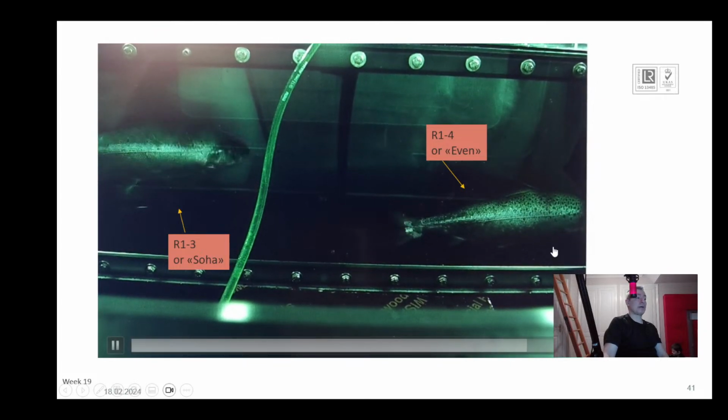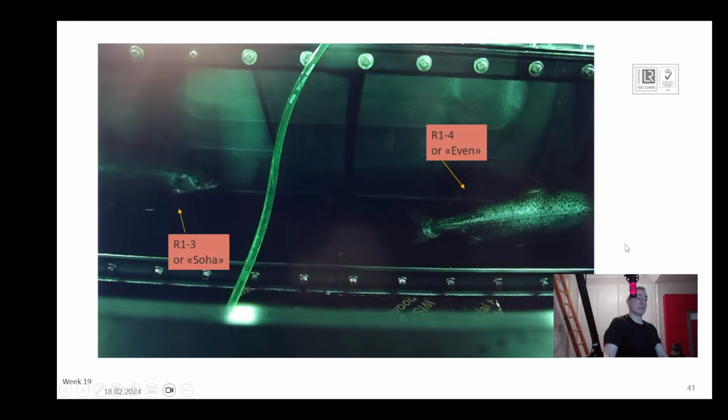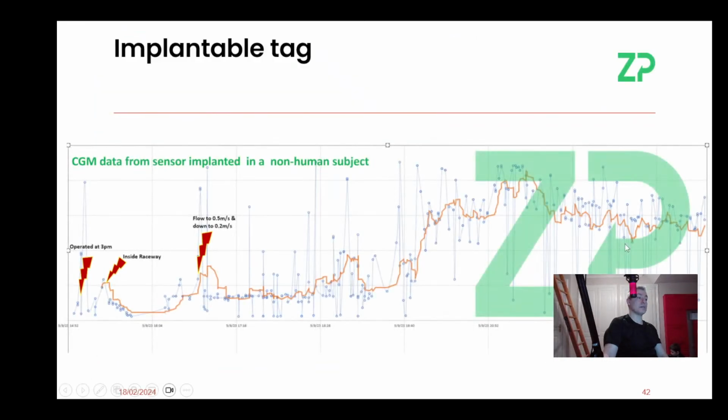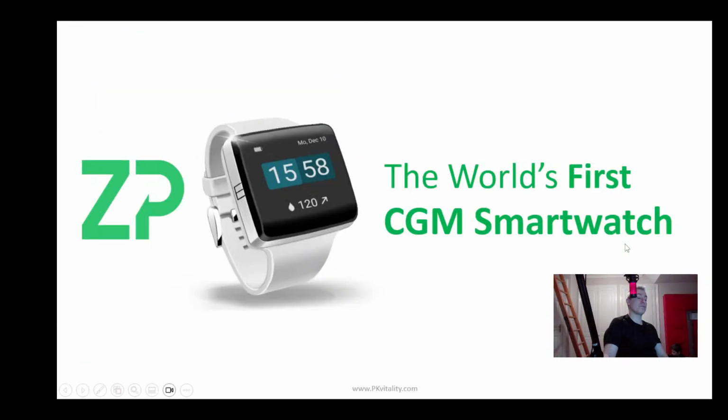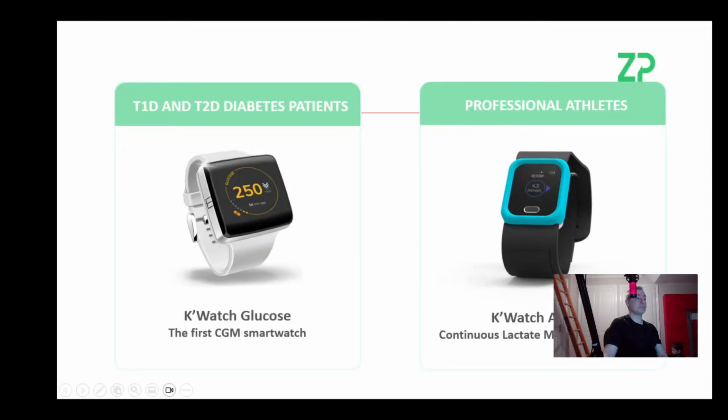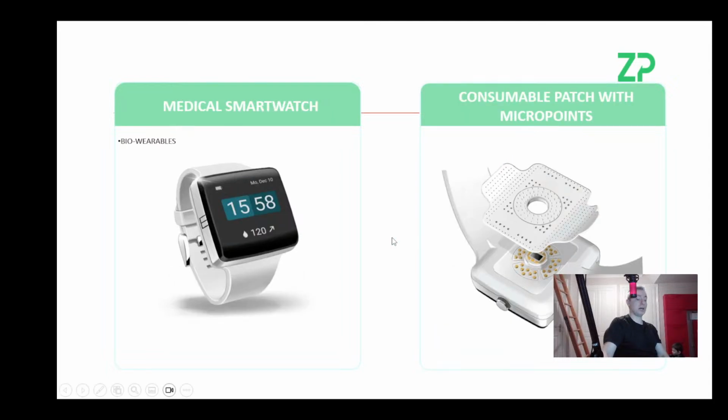Anyway, we put the sensor package in the fish, it swims around, and we continually stream the glucose data from the fish. The reason I rushed off a second ago is because I wanted to get hold of this. This is the CGM technology, sports version, and then sort of more, I don't want to say medical, but these hardware are actually using, I've got some here.